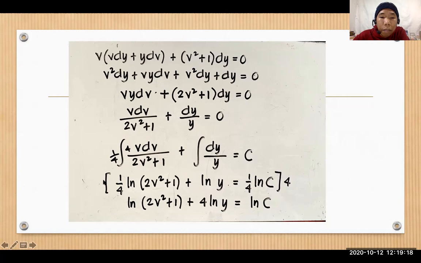So multiplying the entire equation by 4 will give me ln of 2v squared plus 1, and for this term, 4 ln of y equal to, you can cancel 1/4 here, so you have ln of c. Now, for the left-hand side of your equation, you can combine them provided that your coefficient here is 1.